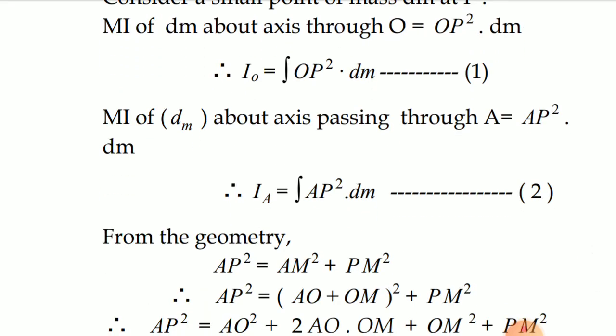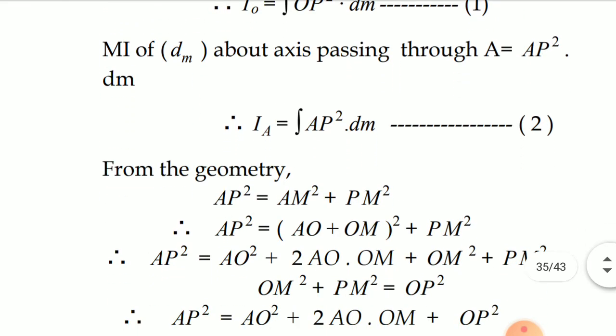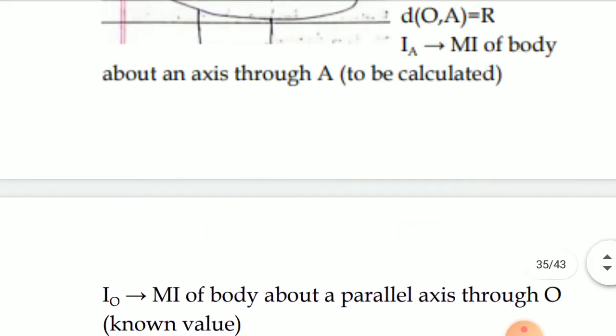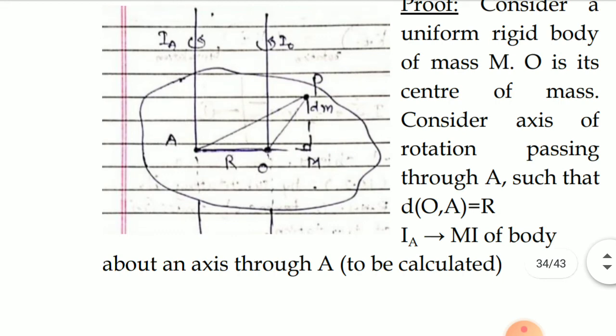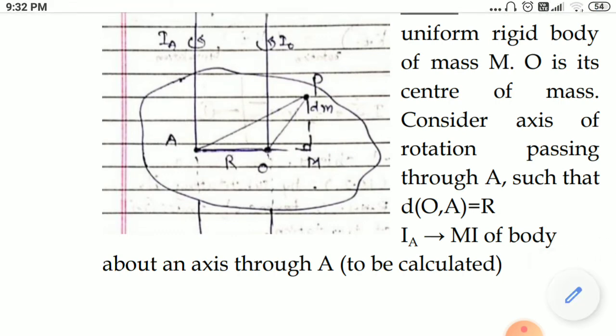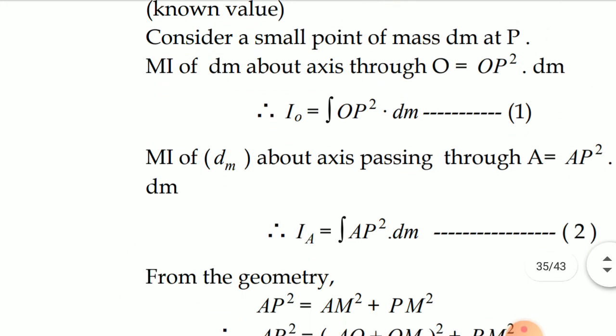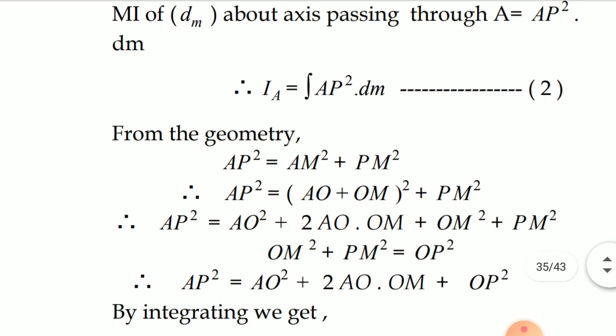Now we'll start writing its geometrical part, and from geometry I find in this diagram that AP squared is equal to AM squared plus PM squared, by Pythagoras theorem, but AM itself is equal to AO plus OM. So if I put all this, I'll find that AP squared is equal to (AO plus OM) squared plus PM squared.